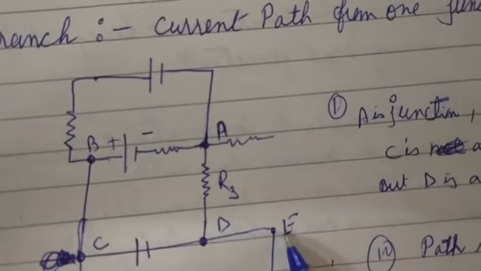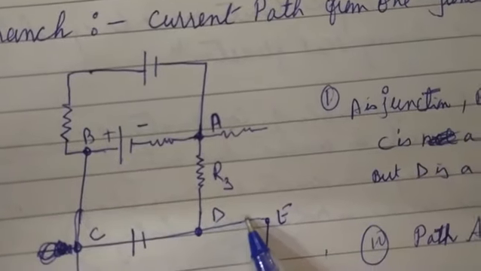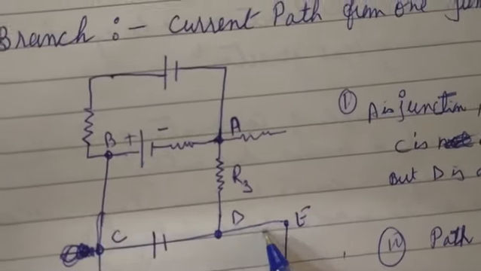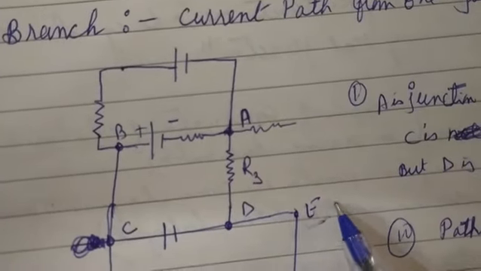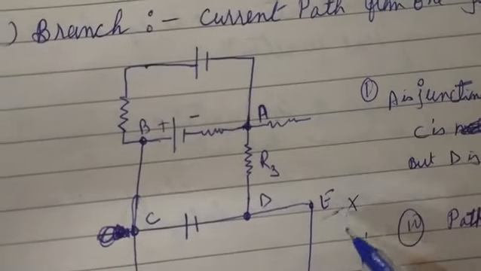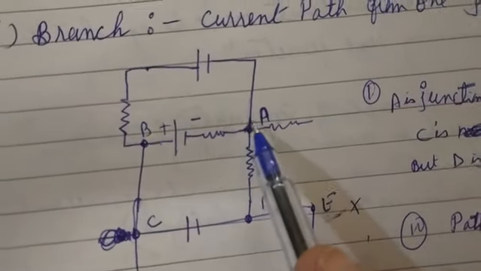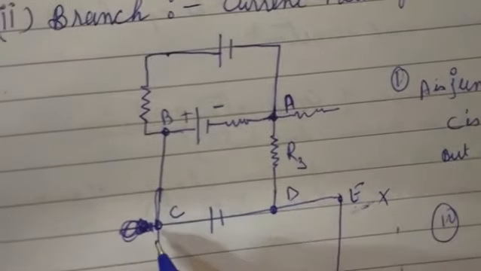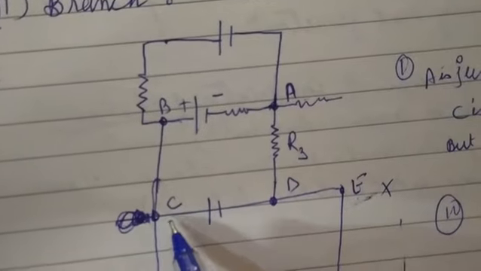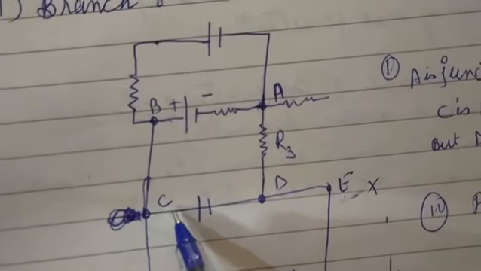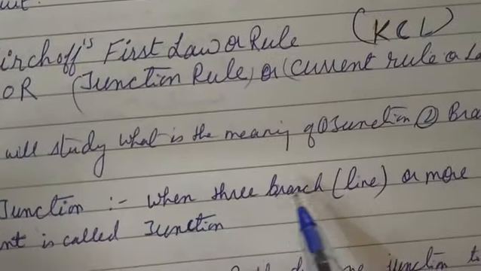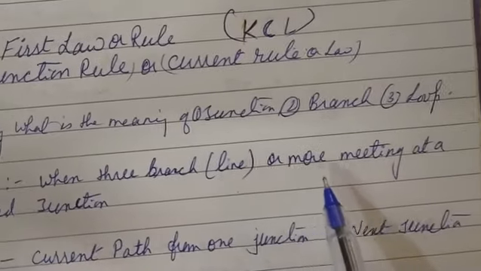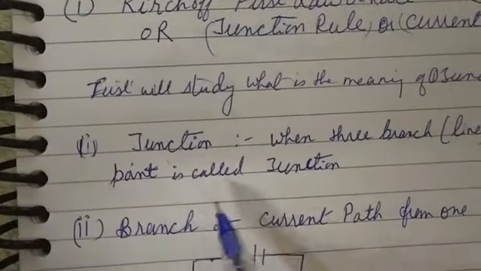Now look at E. Only 2 lines are meeting at point E, so E is not a junction. C is also a junction, 1, 2, 3 lines are meeting at a point. So when 3 or more lines meet at a point, it is called a junction.